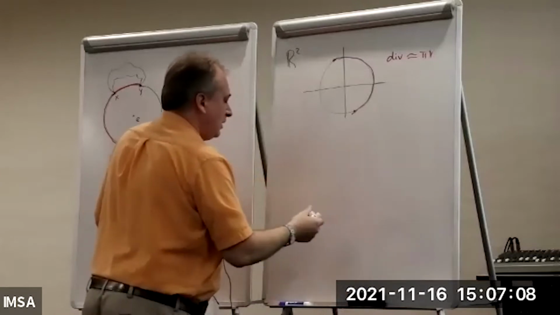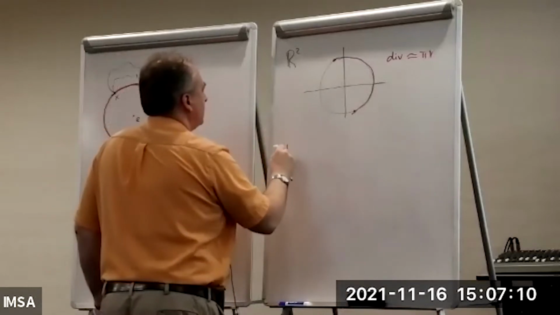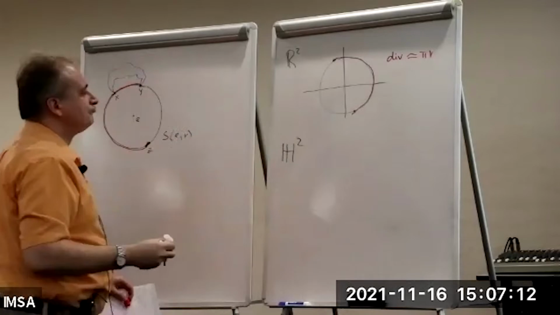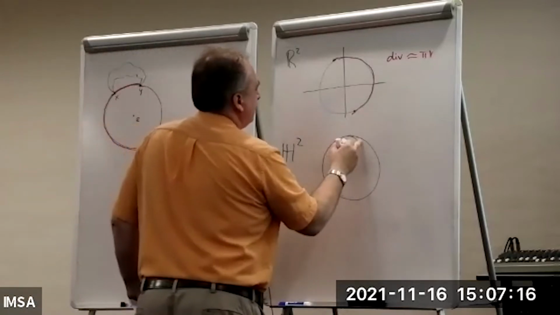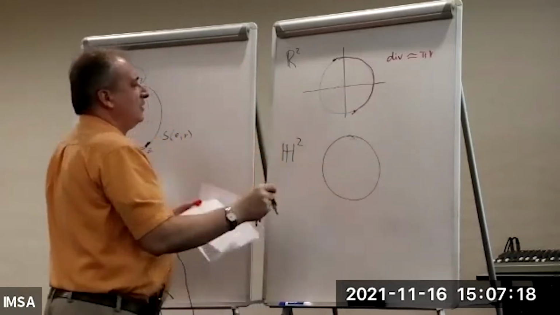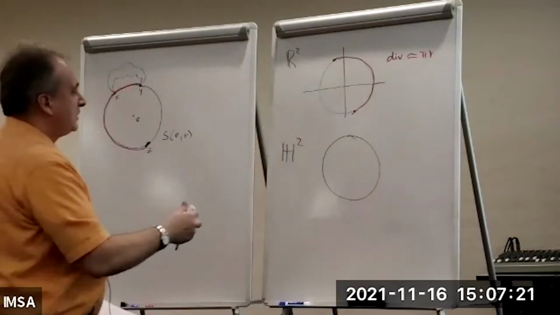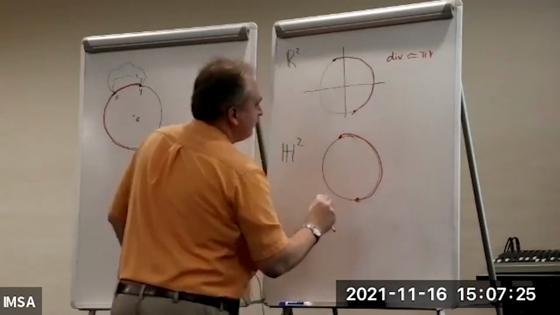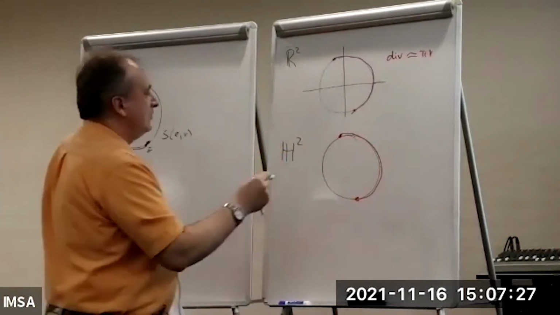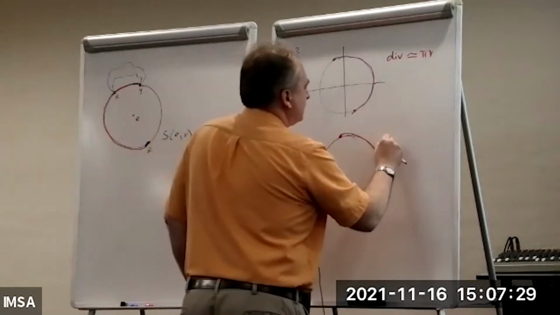However, if we look at, let's say, hyperbolic space, we also can talk about spheres there or circles, but the well-known formula for the length of the circumference involves hyperbolic sine.